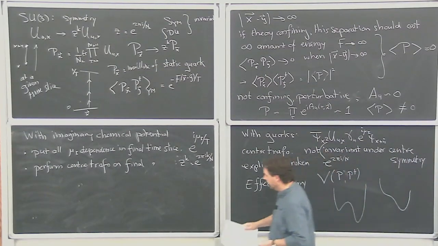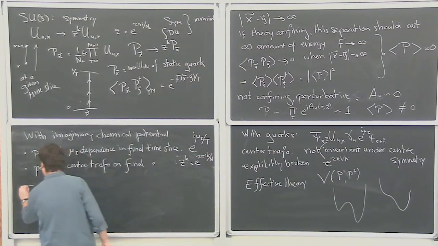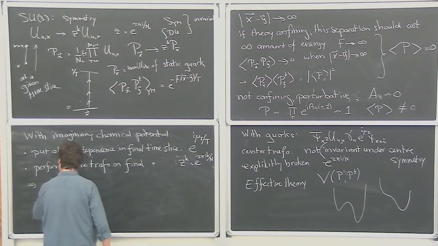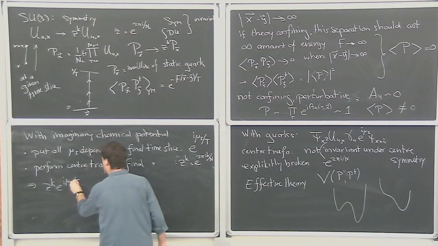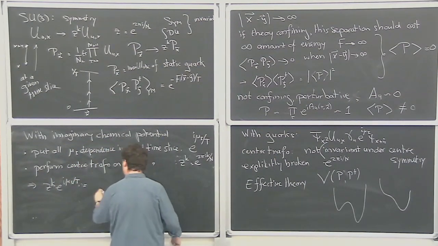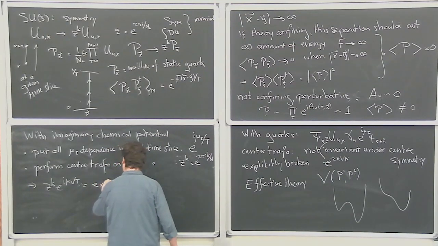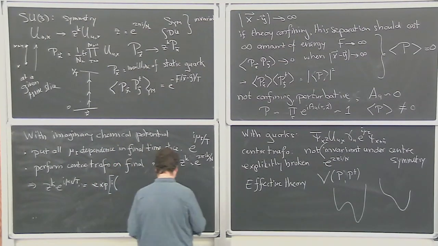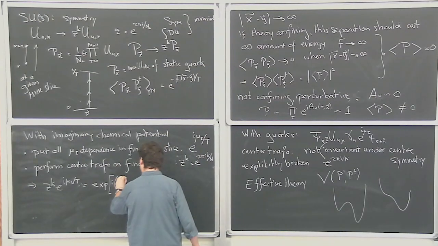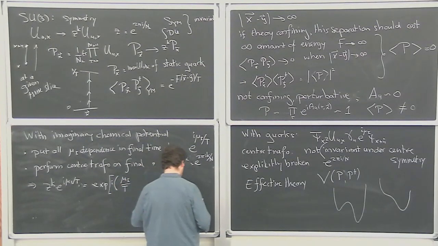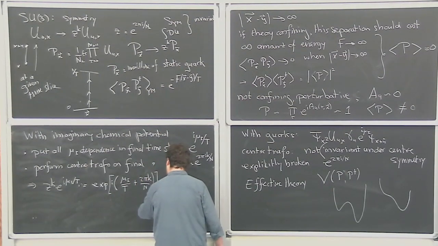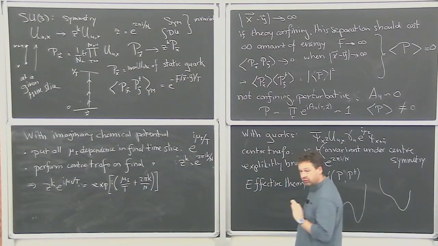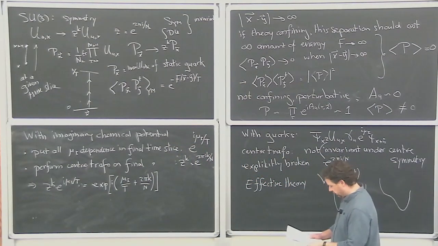So the natural combination is e to the i times mu I over t plus 2 pi k over n. This is the natural combination arising in this case.